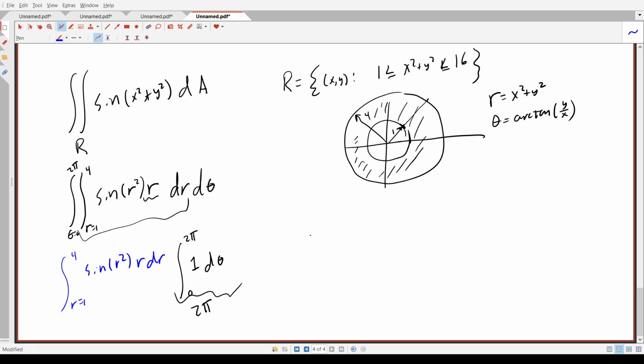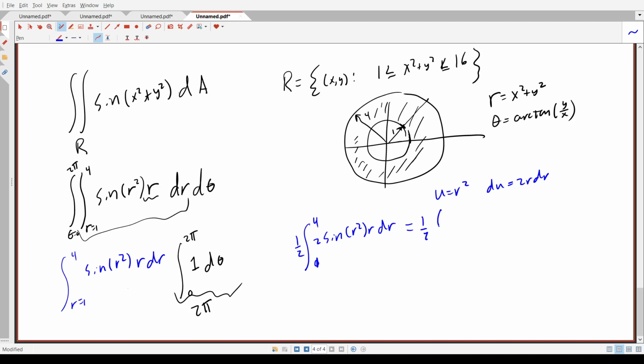Okay, so I have the integral from 1 to 4 of sine of r squared r dr. And let me do a u sub. So u equals r squared, du equals 2r dr. So if I need a 2 here, I multiply by 1/2.